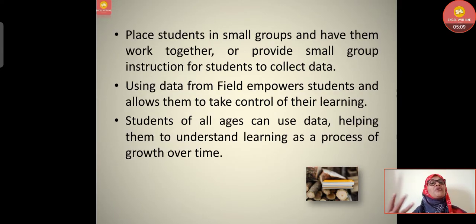Place students in small groups and have them work together, or provide small group instruction for students to collect data. Then using data from field empowers students and allows them to take control of their own learning. For example, small kids, if they are going to any zoo, like 4th, 5th class students, ask them to note down what they have seen, how they are, what they are doing, everything, in narratives.